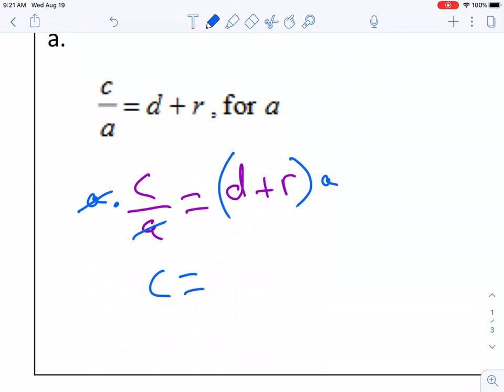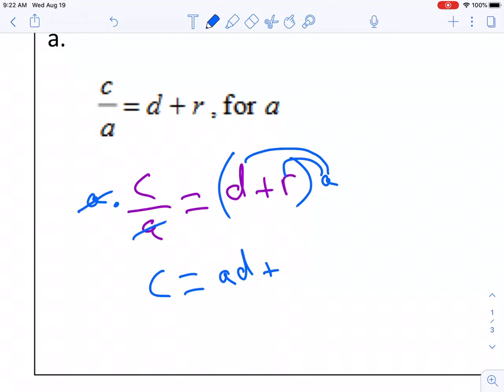I can distribute in my a. So a times d would be AD, and a times r would be AR. But that's not really getting a by itself. That's creating more. Now I have more a's to deal with instead of less.